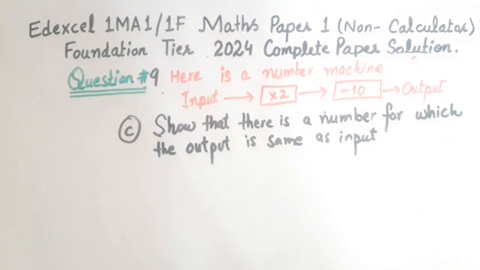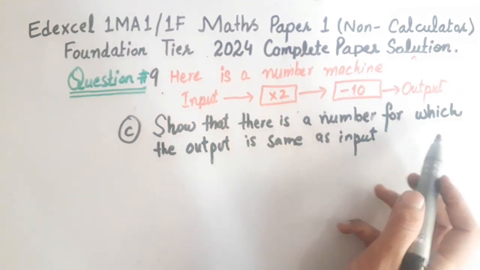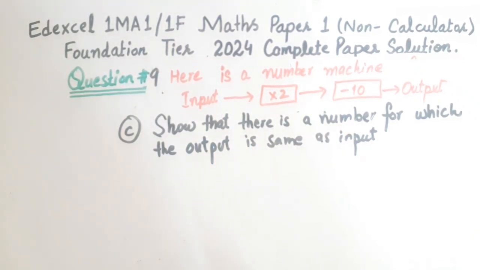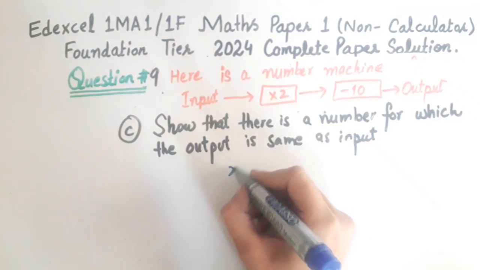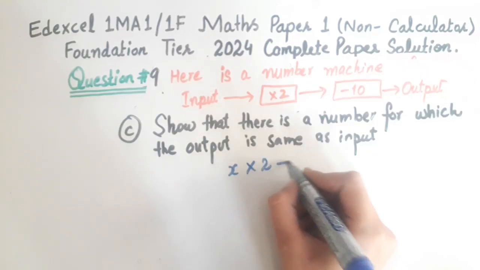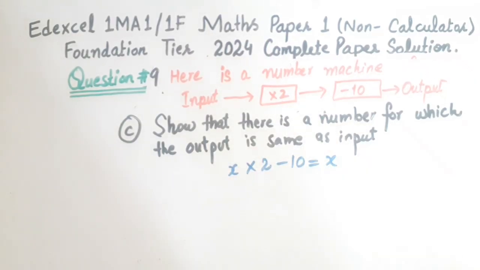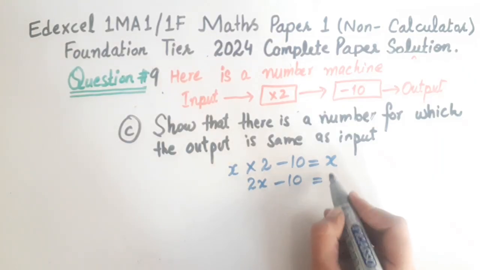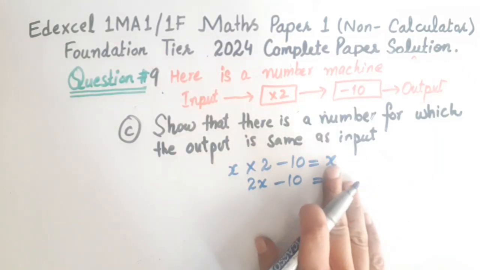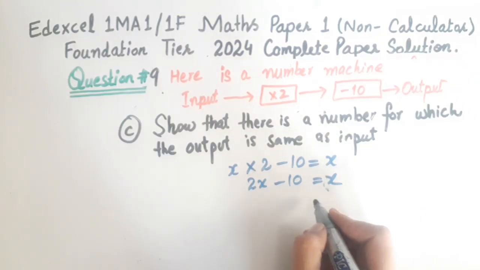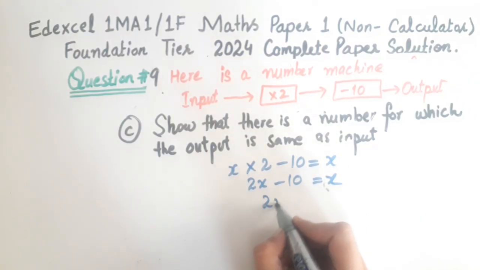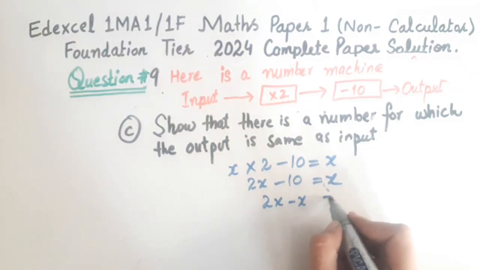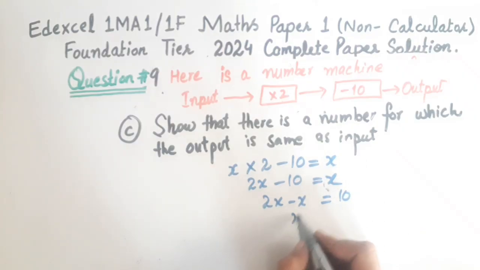Now here is also a C part. You have to guess a number for which the output is the same as the input. Let's suppose input is x, multiplied by 2 minus 10 also equals x. Now x multiplied by 2 is 2x, minus 10 equals x. Now we will solve this as 2x minus x, and minus 10 will be plus. 2x minus x is x, so x equals 10.